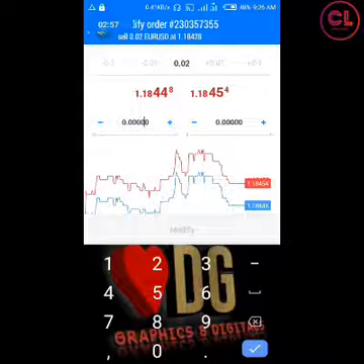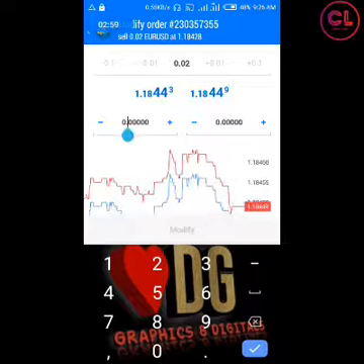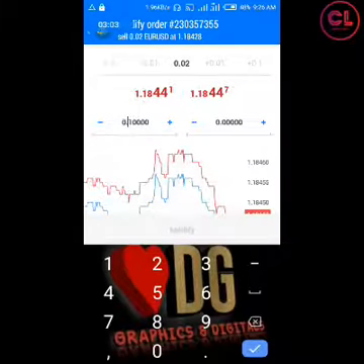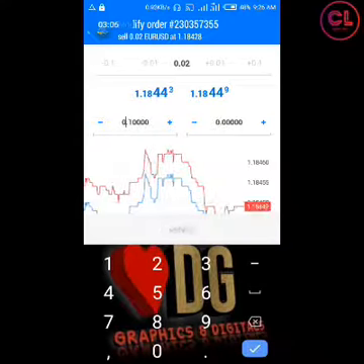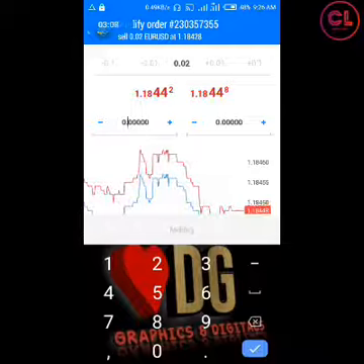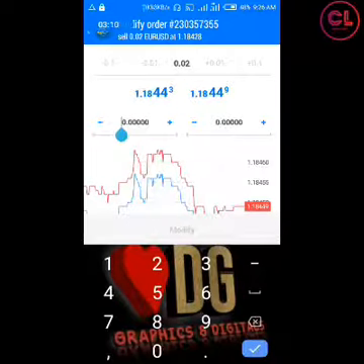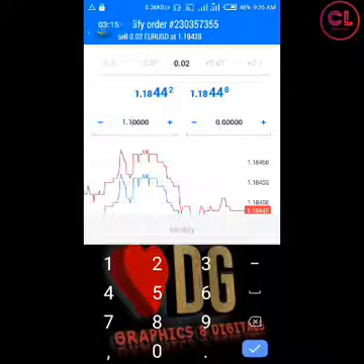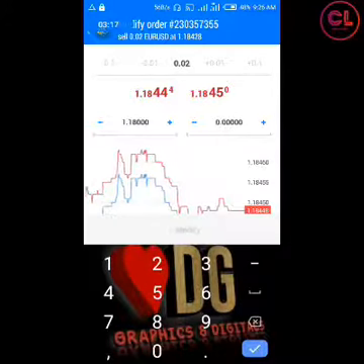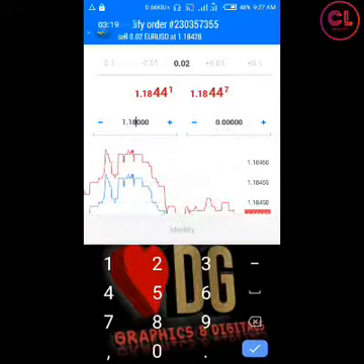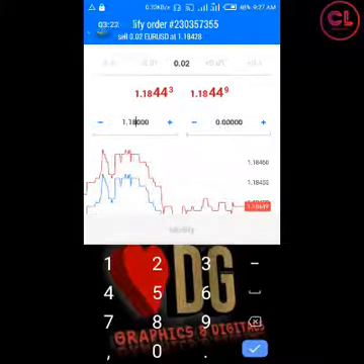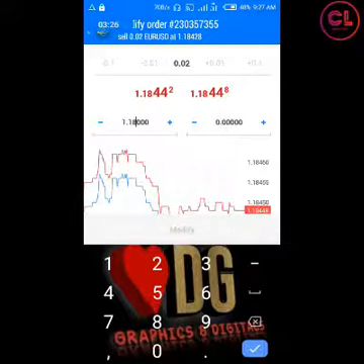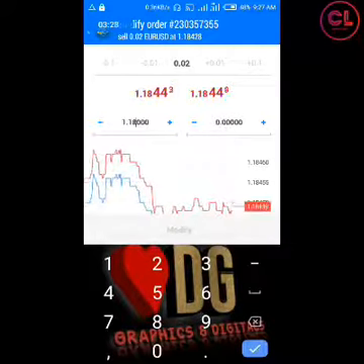So you now set your stop loss at 1.18. Let our stop loss be 20 pips higher, so that will be 64.